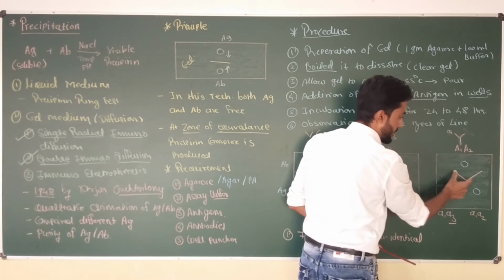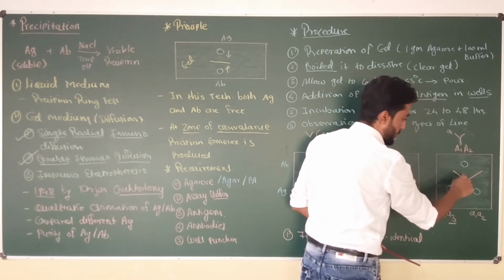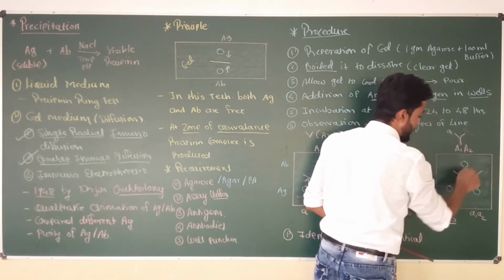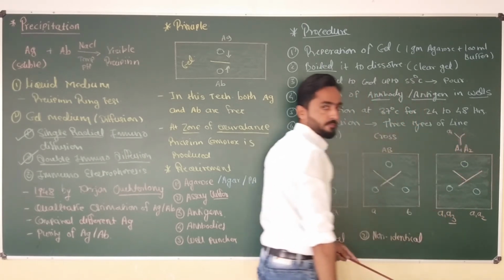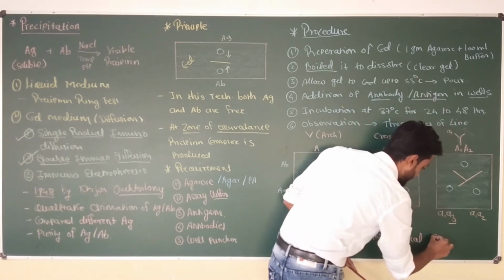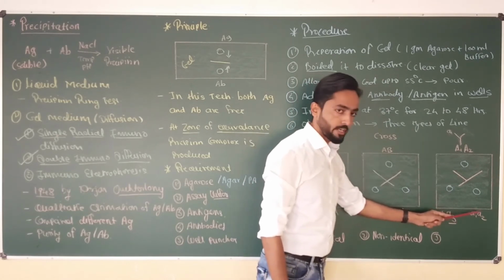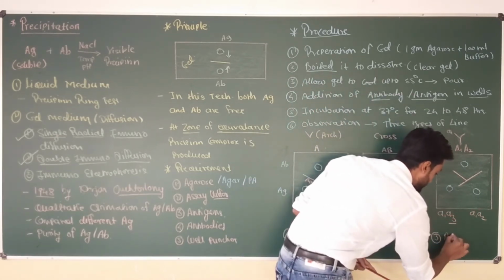This is a small line and this is a quite longer line of precipitation, so a Y-shaped precipitation line is produced. And this Y-shaped precipitation line indicates that both types of antigen, A1 and A3 and A1 and A2, are partially identical.